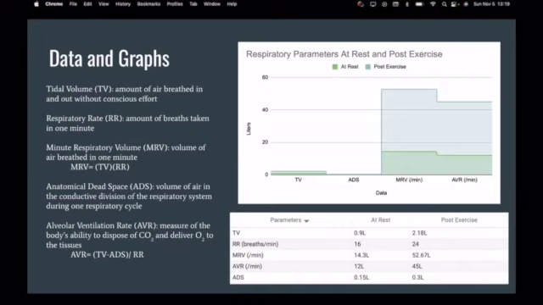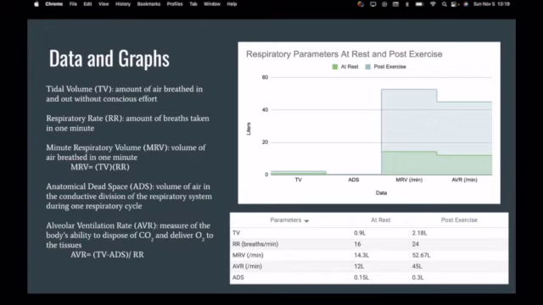The anatomical dead space is the air in the conductive division of the respiratory system during one respiratory cycle. We know that at rest, this is 150 milliliters, and during exercise, it doubles to 300 milliliters.